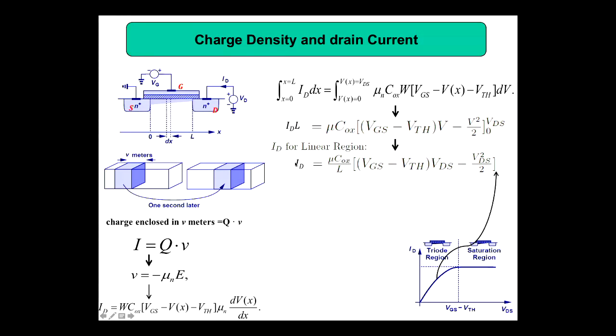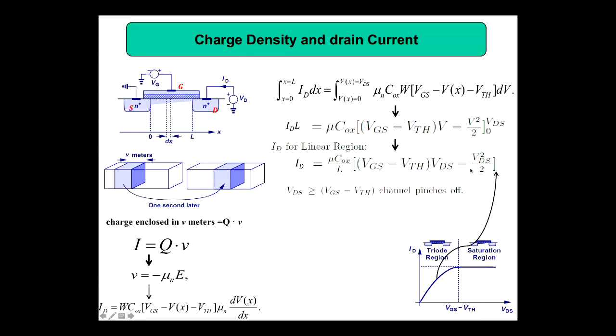the drain current. Then if you want channel pinch off, the condition is VDS should be greater than or equal to VGS minus VTH. If I put VDS equal to VGS minus VTH, that is this point, then I can find out the drain current in the saturation region.